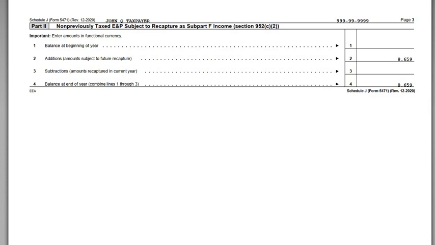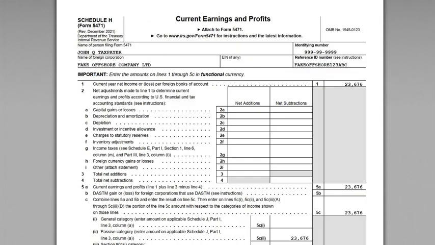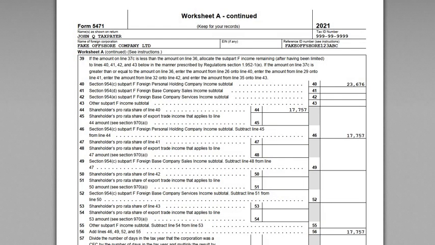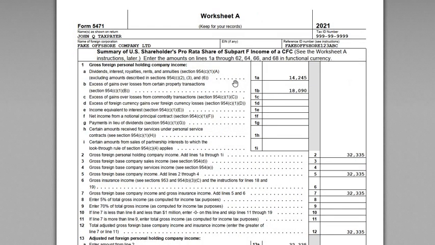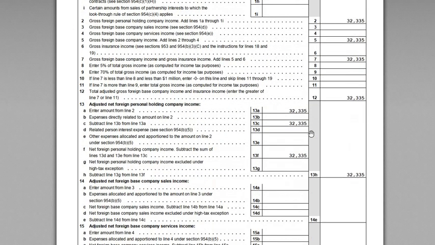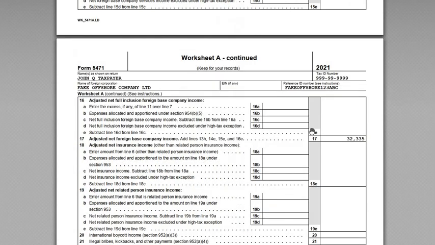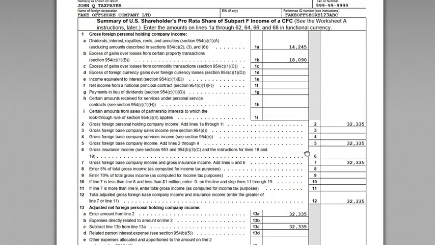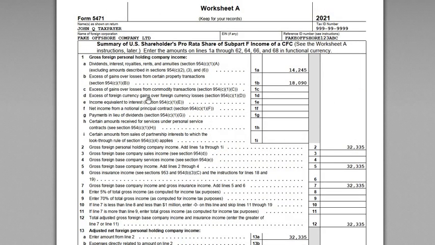Remember, when we looked at our earnings and profits limitation, let me find the schedule really quick here. Okay, so remember when we did this worksheet in prior videos, what we were doing was calculating the gross amount of Subpart F income that would be included in the shareholder's income.